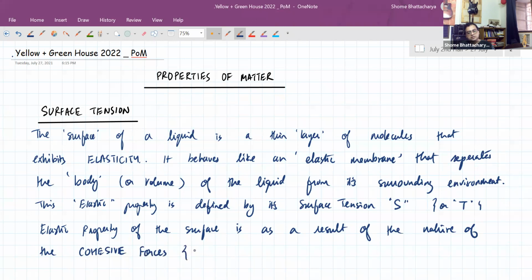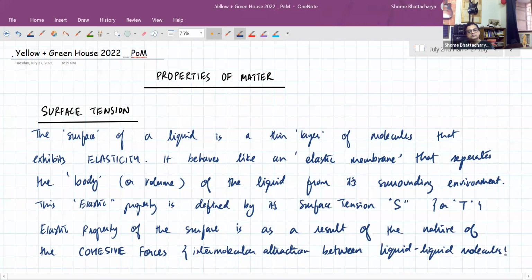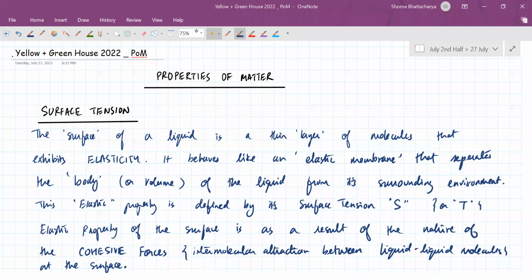Cohesive forces are intermolecular attraction between the same substance, in this case liquid molecules, at the surface. So the nature of these intermolecular interactions is responsible for the property of elasticity or surface tension.